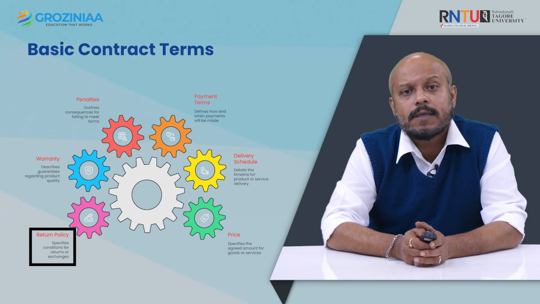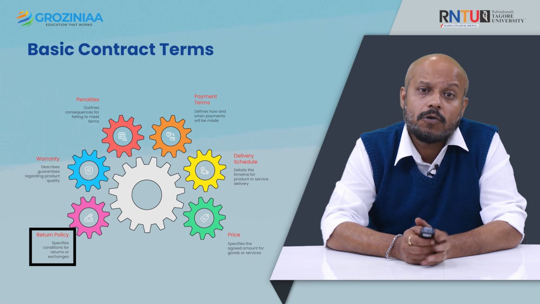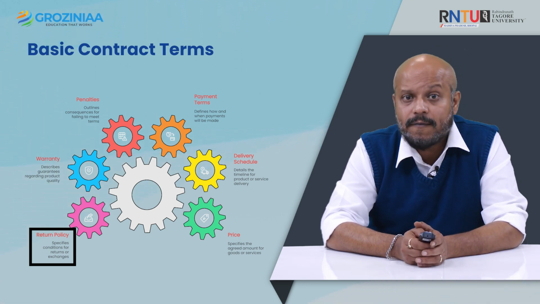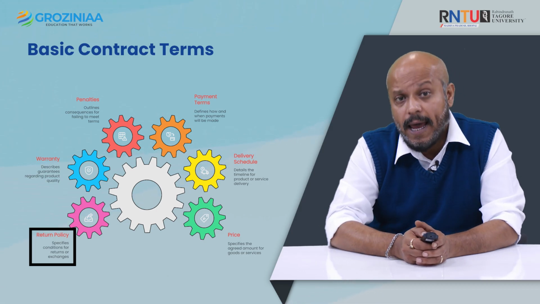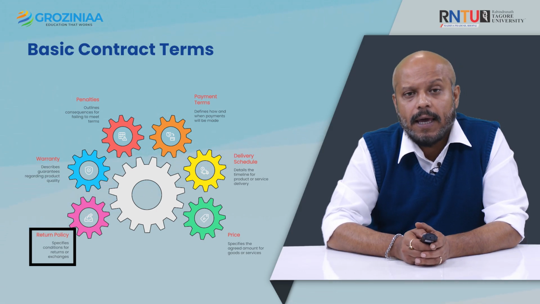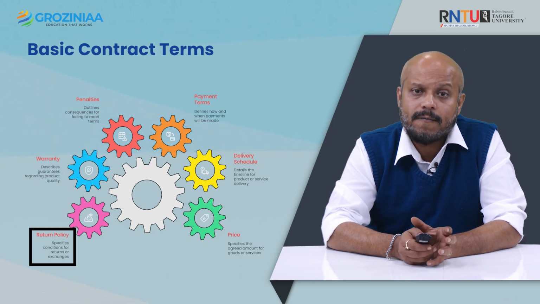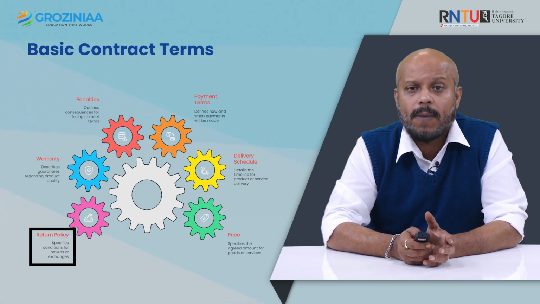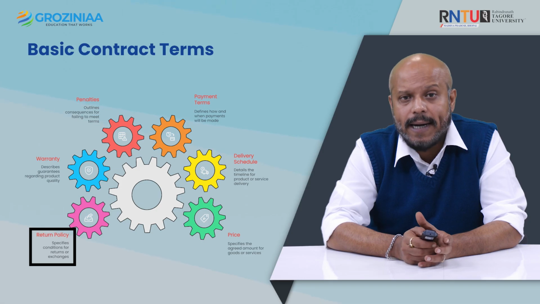If the product is found to be not compliant to quality, or found to be malfunctioning, or not working, then there will be a period which will qualify for its return. Return policies are actually very common with products which are of high volume and small value, like your mobile phones, your clothes, probably food items.